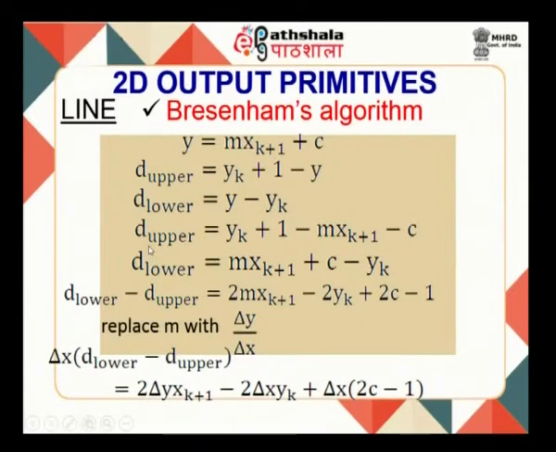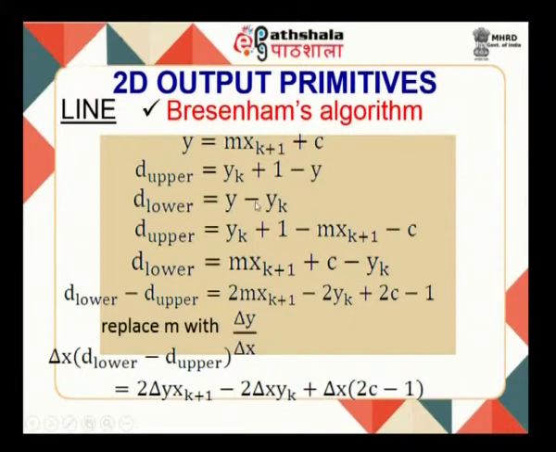And you can expand d upper further like this, yk plus 1 minus y is shown here above. So, for y you substitute this equation, m into xk plus 1 plus c. So, yk plus 1 minus m into xk plus 1 minus c.